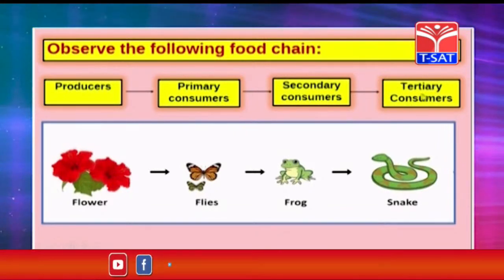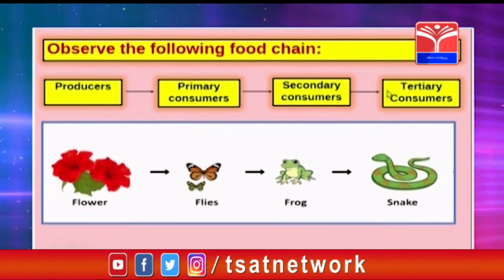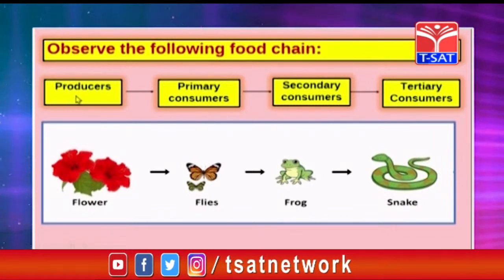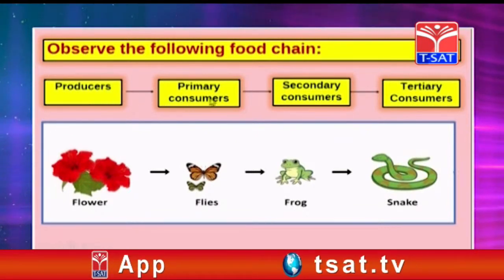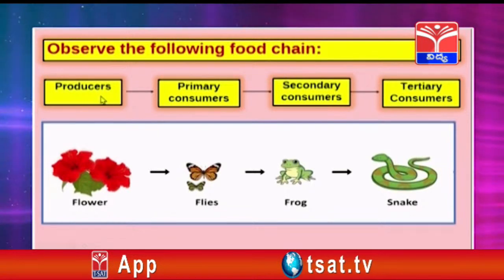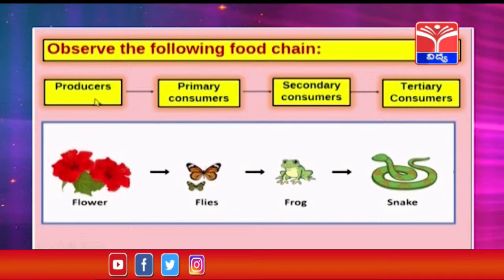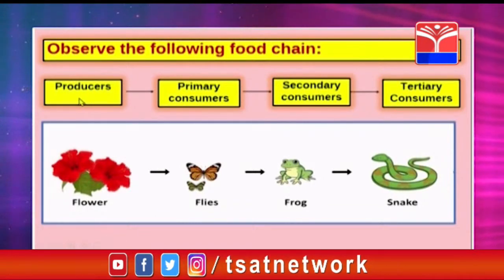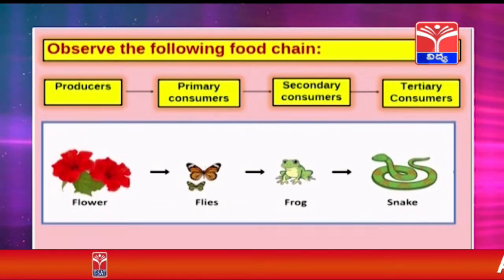Now tertiary consumers obtain their food requirements from secondary consumers. So producers prepare the food required for all the organisms in an ecosystem. These producers depend upon the sunlight as a source of energy. So producers synthesize the food materials by a process called photosynthesis using sunlight.